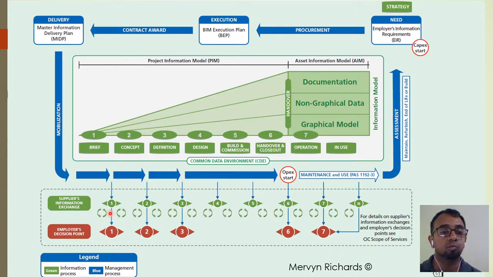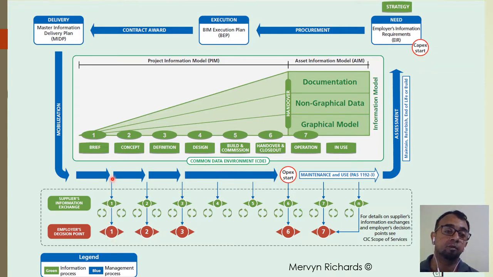So you continue to improve it and submit it to the client. When the client gives the green light, only then can you go to the next stage. So at the end of the briefing stage, you identify the client's requirement for the new asset. Mind you, this is not about information requirements. This is the requirement of the new asset, that is a new building or refurbished building.